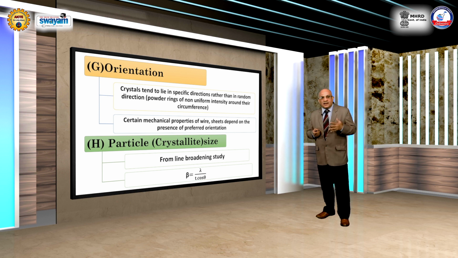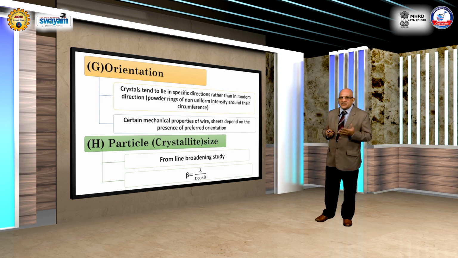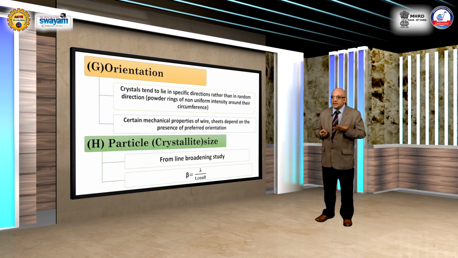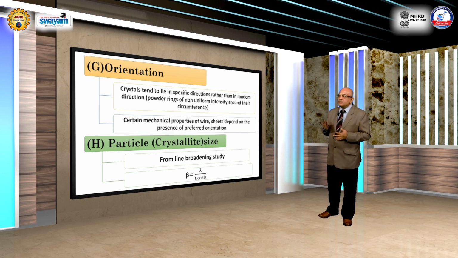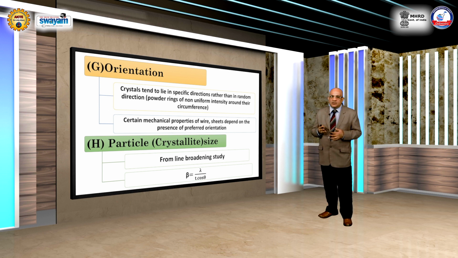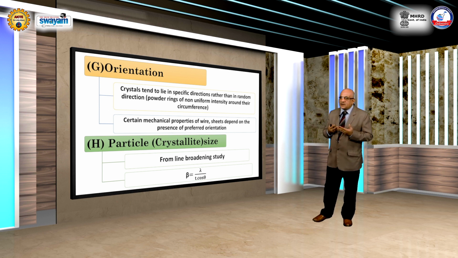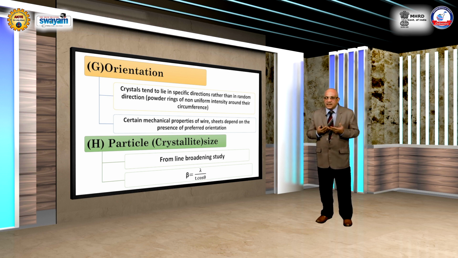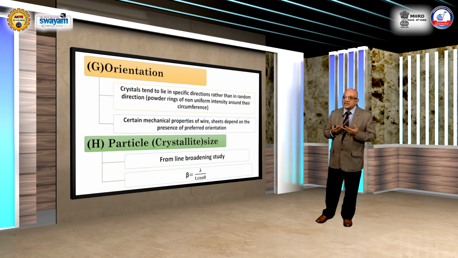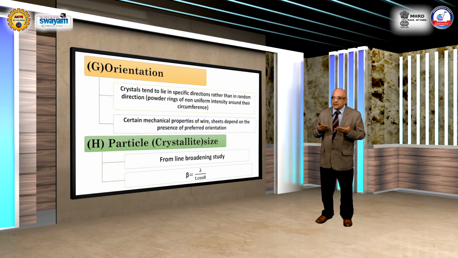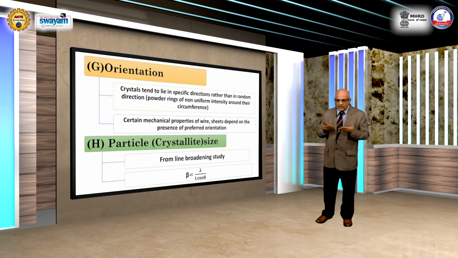Then there are things like, if you have polycrystalline materials where the tiny crystals are all oriented along a certain direction, then you will have some reflections very strong. If most of the crystals of a material are layered, then there is a tendency for them to lie along the flat planes.